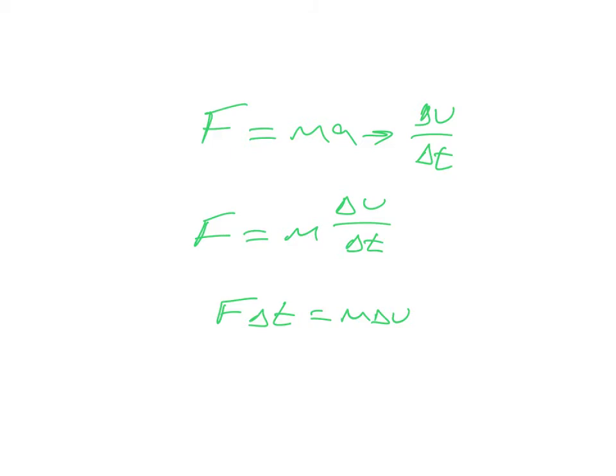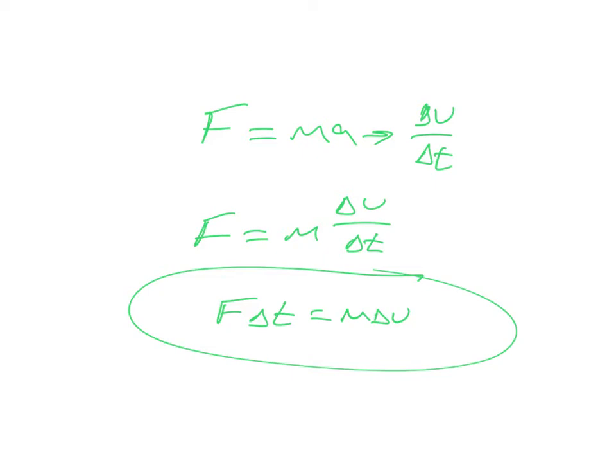So that is my impulse momentum theorem actually right there. That is where momentum comes from. So again, anytime I change the way I'm analyzing something, it doesn't change what my result should be.